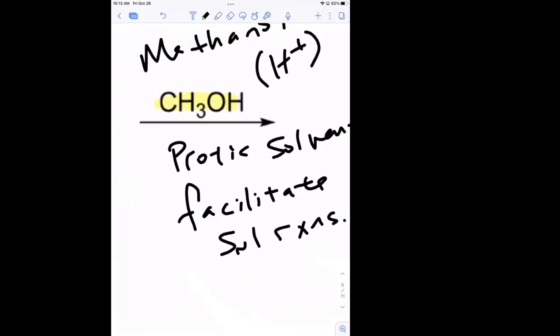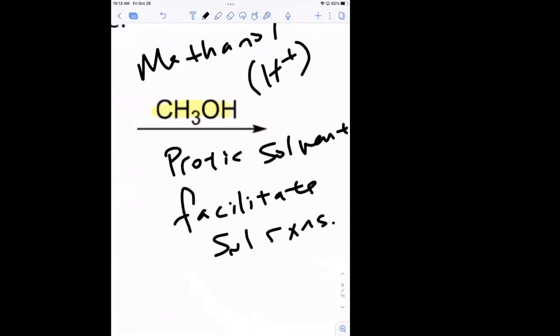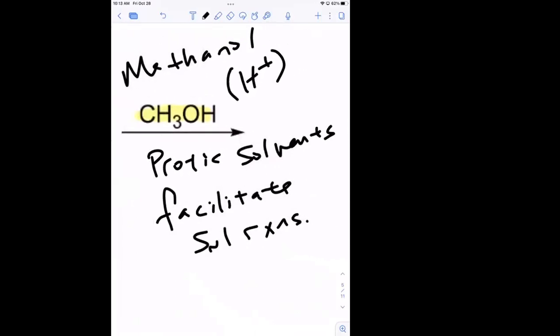They don't slow them down, they help them go faster. There's a reason, and we're going to talk about it. They slow down SN2 reactions, and they facilitate SN1 reactions.